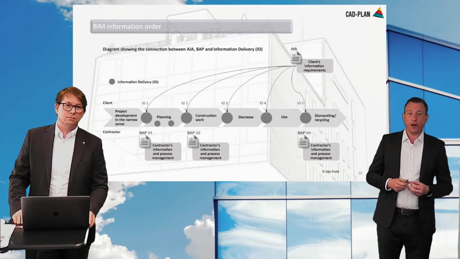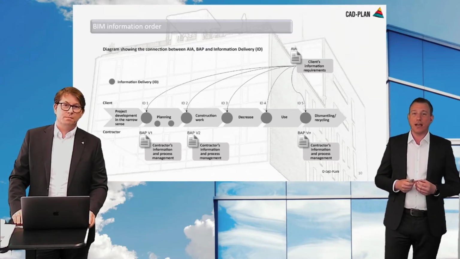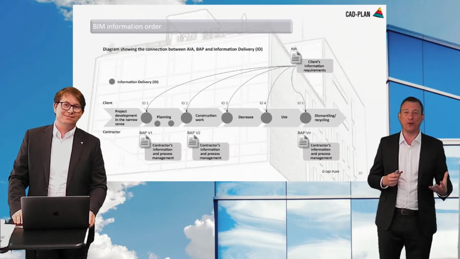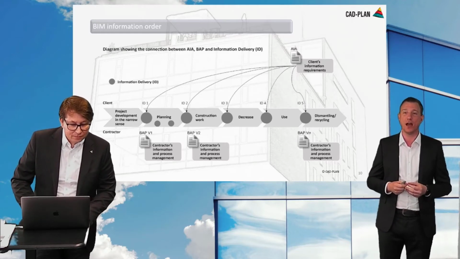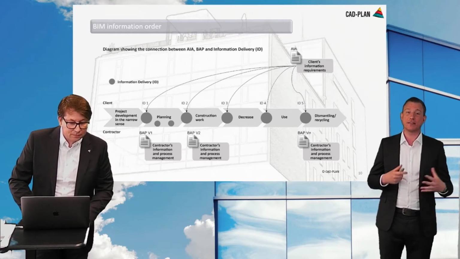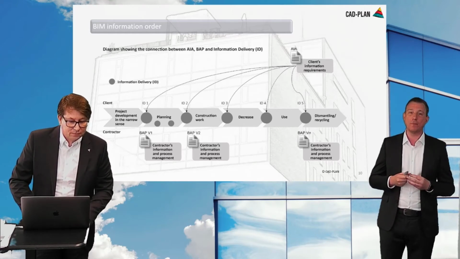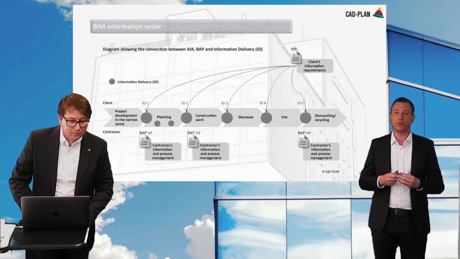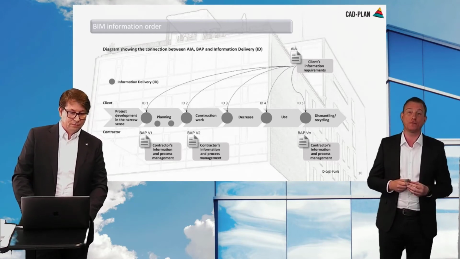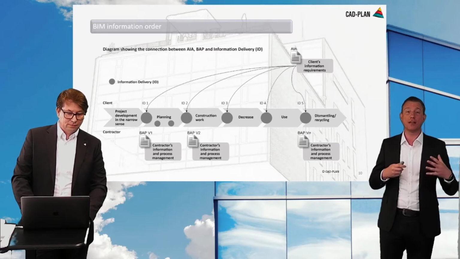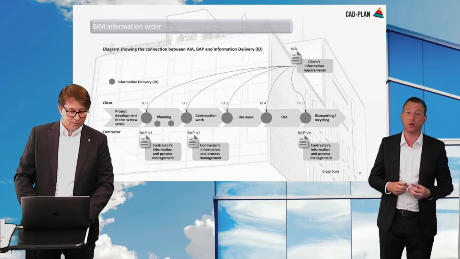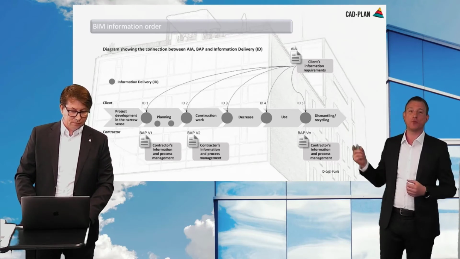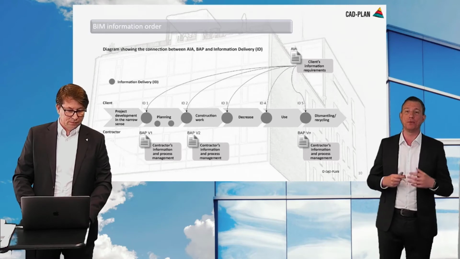You correctly recognized early that the I, or the I for information, is the most important letter in the abbreviation BIM. It is therefore not primarily about repetition of the visual level of detail of the model, but about the level of information required by the client or the general contractor. You can see in the graphic that the bubbles are at the beginning of the individual phases.